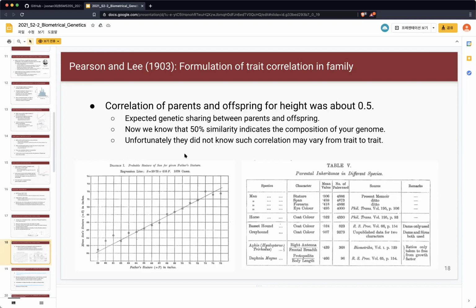So this 50% similarity, we can clearly explain. But at the time, Pearson and Lee didn't know what 50% exactly means in this biological situation, because unfortunately they didn't know anything about Mendelian genetics and the Mendelian interpretation.